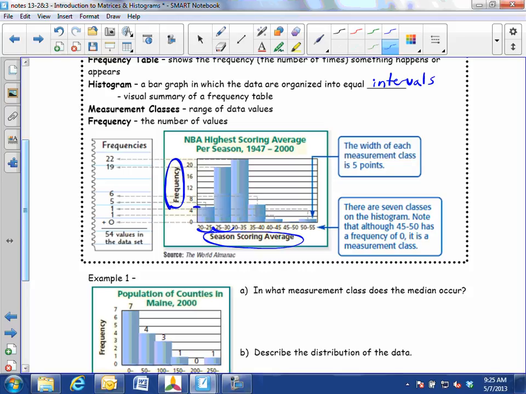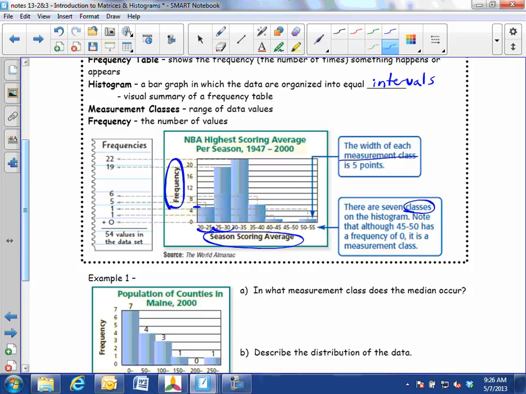Does this make sense of how they're doing it? Yes? Okay. So these are the different categories. We call these the classes, or the measurement class. The measurement class in this case is 5 points, because each one is 5 points in width. So they're just breaking it down into 5-point intervals.